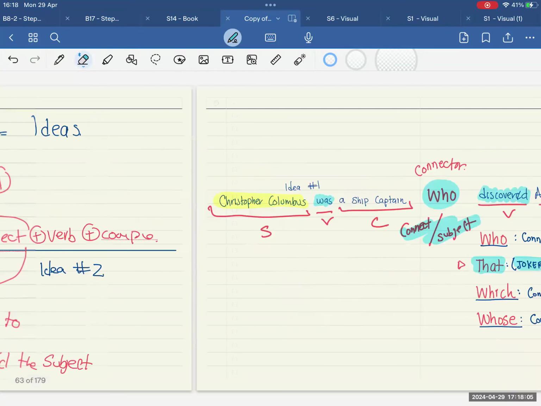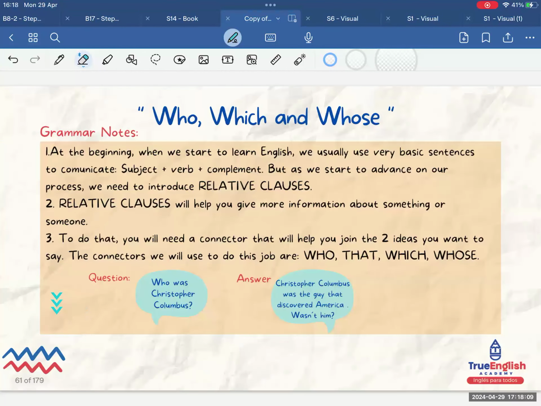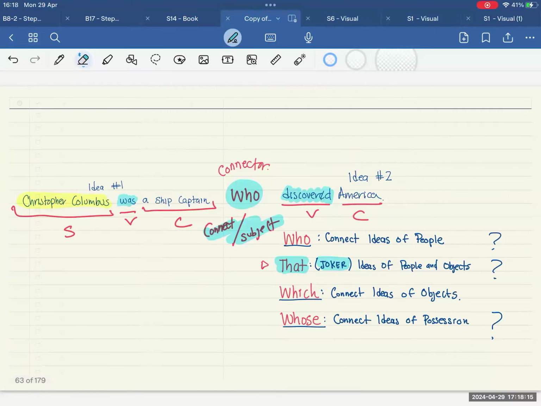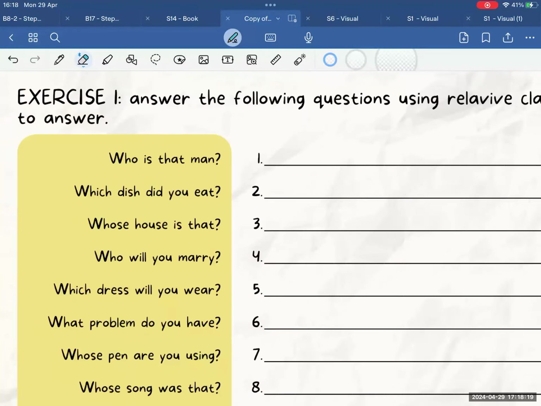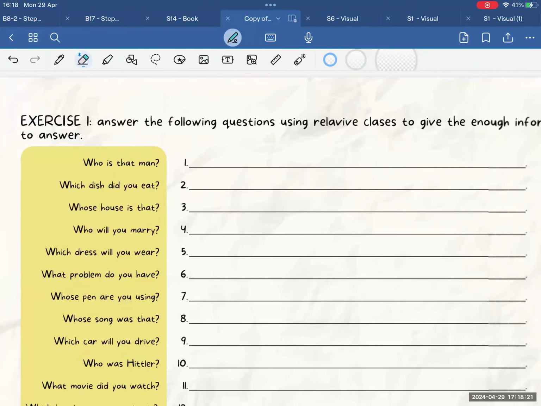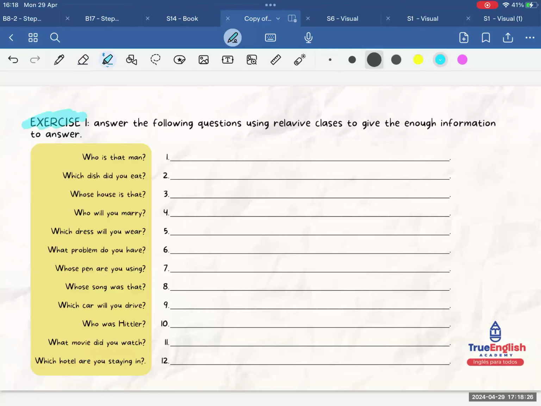So we are going to do some practice. For example, can you help me, Paulette, with instructions number 1, please? Exercise 1.